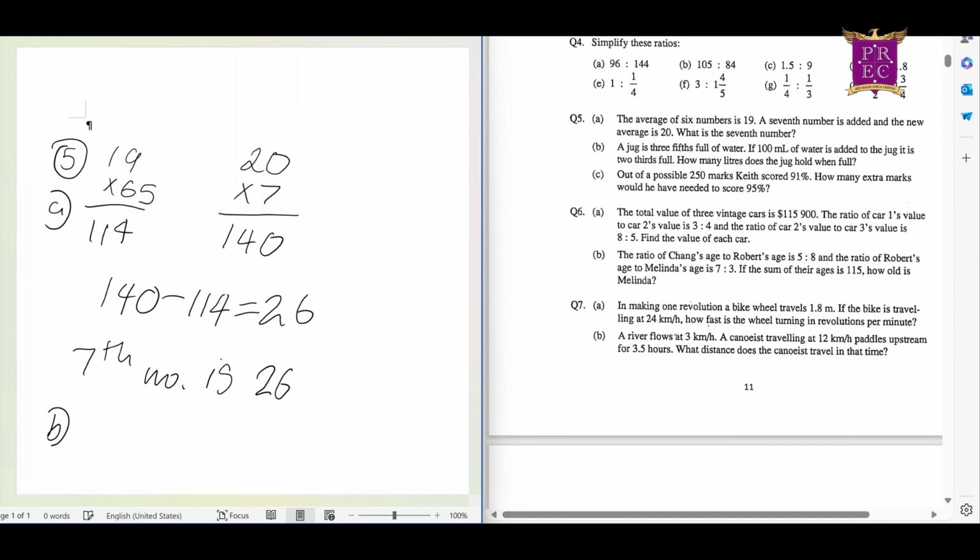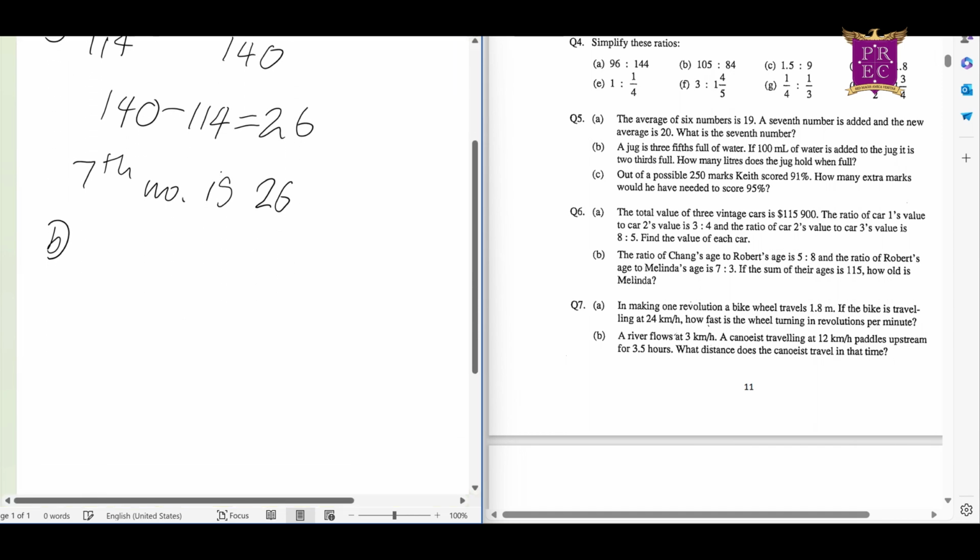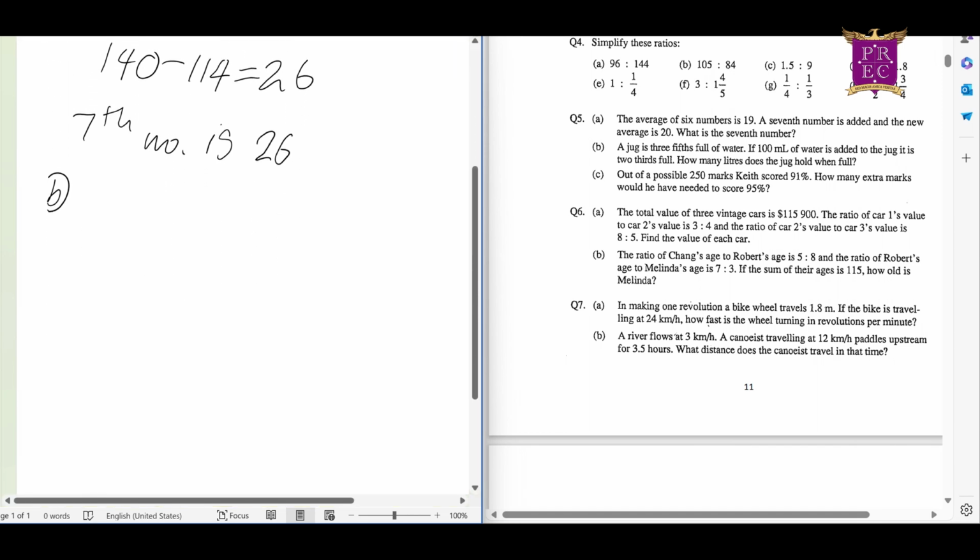Let's do question 5b. A jug is 3/5 full of water. If 100 milliliters of water is added to the jug, it's 2/3 full. How many liters does the jug hold when it's full? So we know that it's already 3/5 full of water, and we are adding in 100 milliliters of water. So think of it like this.